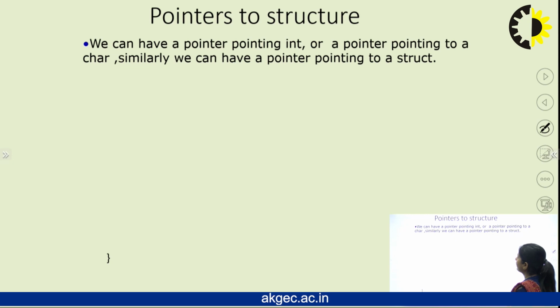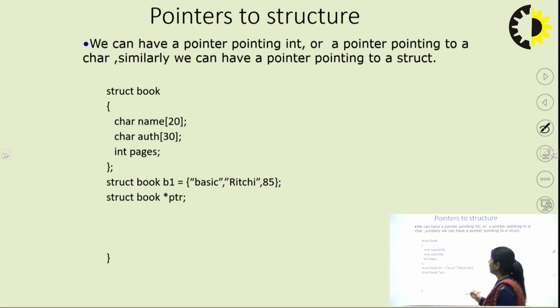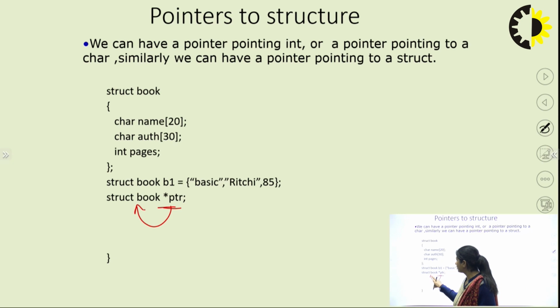So next we have pointer to a structure. We can have a pointer pointing to an integer or a pointer pointing to a character. Similarly, we can have a pointer which is going to point to a struct or a structure, right? Again, if I take the same example, here I have taken a pointer variable. Which type of pointer variable is it? It is of type struct book, right?